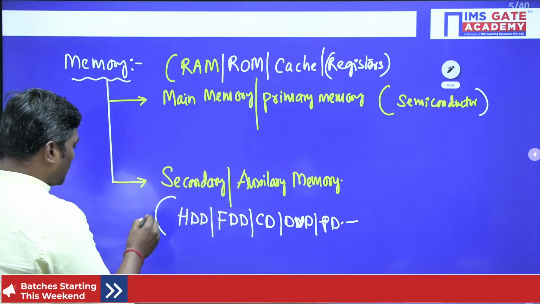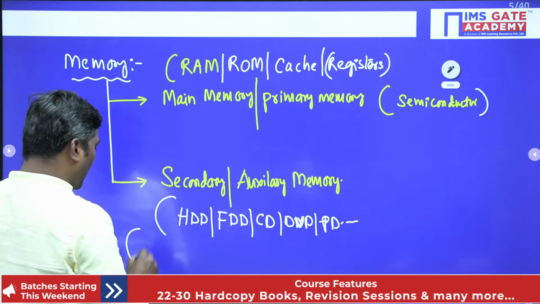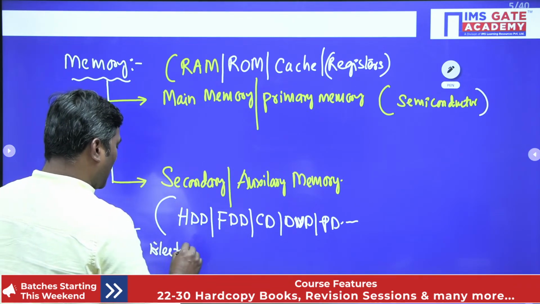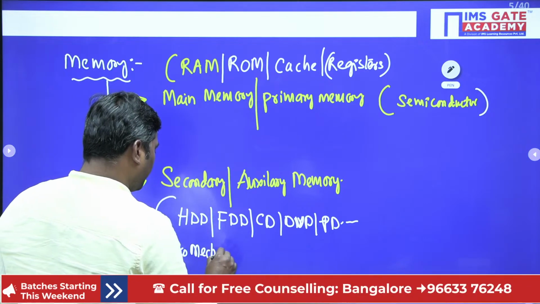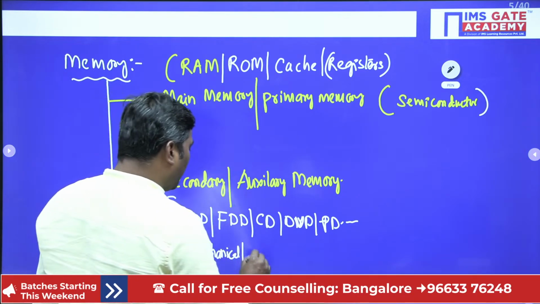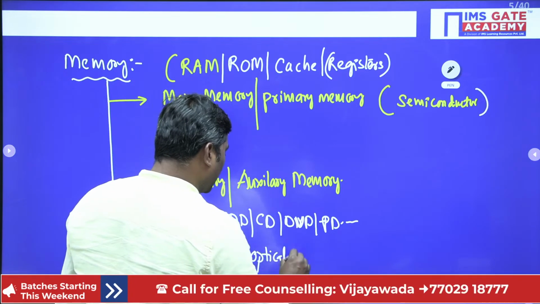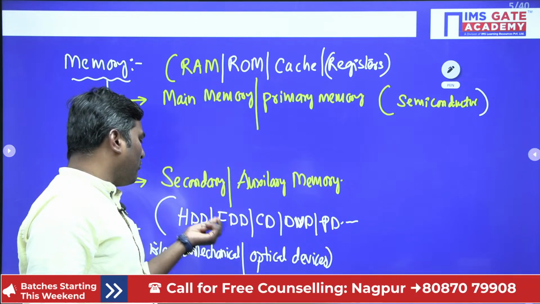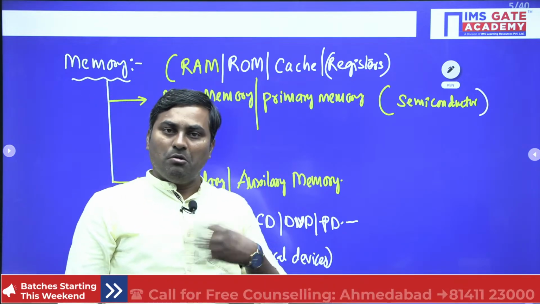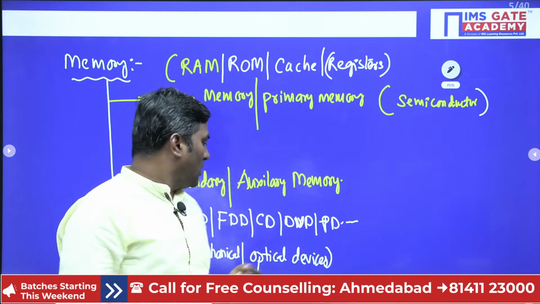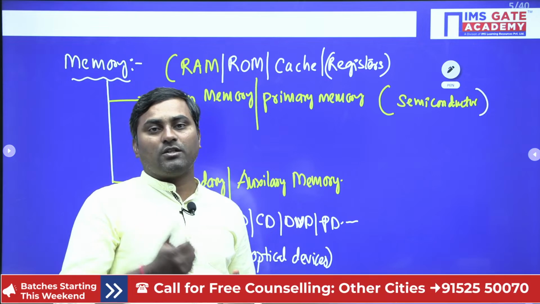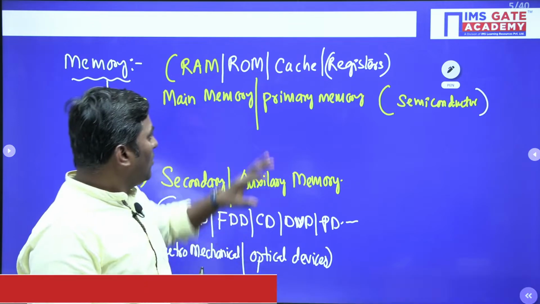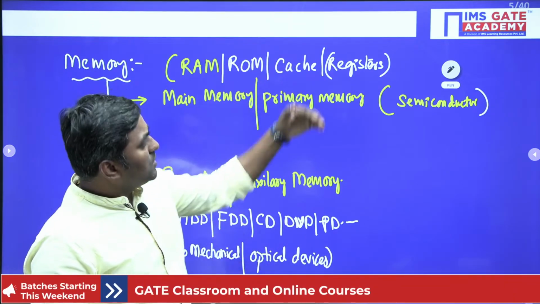The secondary or auxiliary memories could be optical or electromechanical devices. A hard disk or floppy disk drive is a magnetic device. A CD, compact disc, is an optical device. This is the differentiation between primary memories and secondary memories.